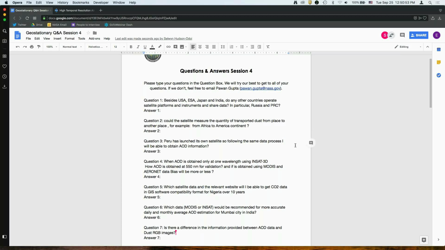The first question is: besides USA, ESA, Japan, and India, do any other countries operate satellite platforms and instruments and share data? In particular, Russia and the People's Republic of China.